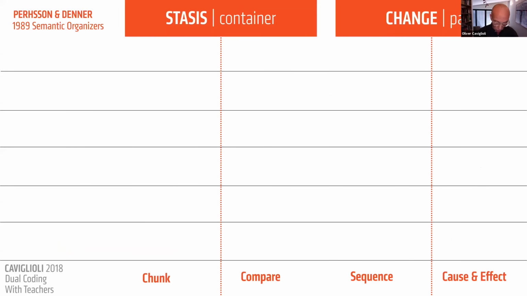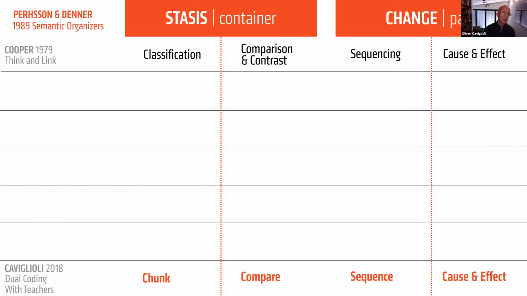Schemas, and therefore the graphic organisers that represent them, are either stasis, things are static, or they change. So there we have container and path. It's the same distinction. So back to Cooper. You see mine down below, you can link it with what I had as chunk. Classification, you could have chunks, just a 70s word for classification, could be define, and you get compare, match them up.